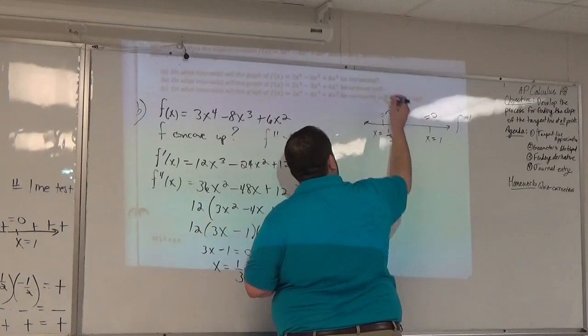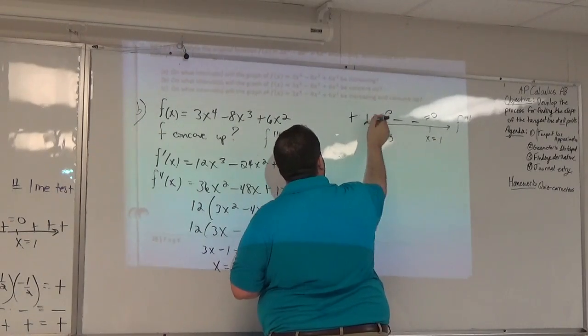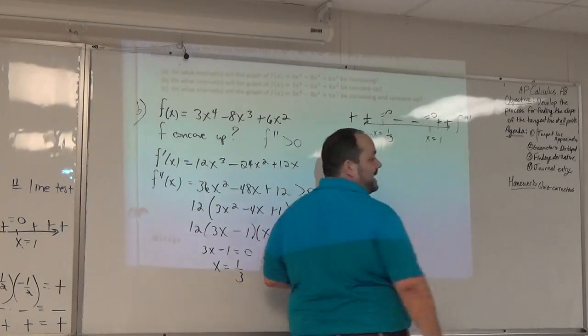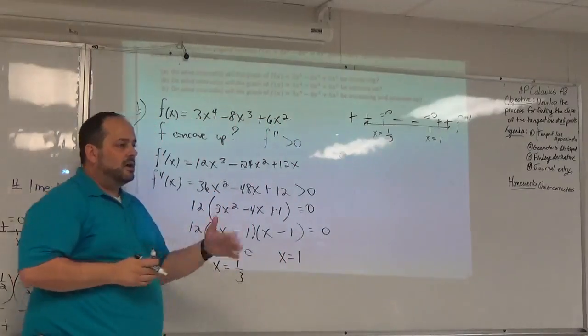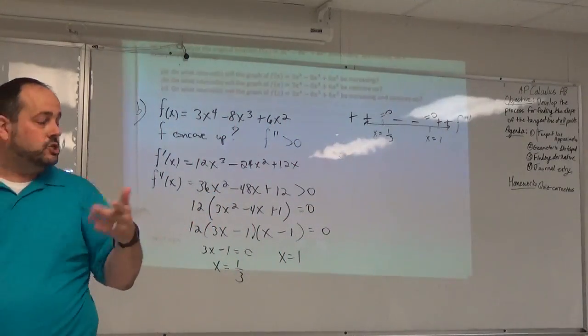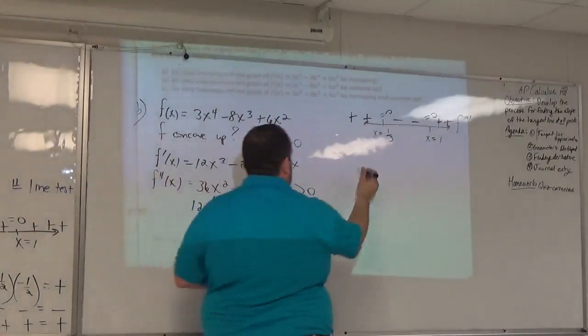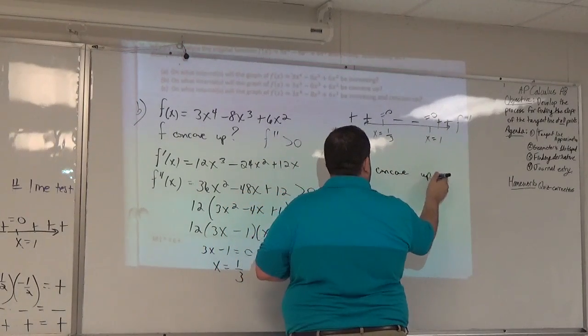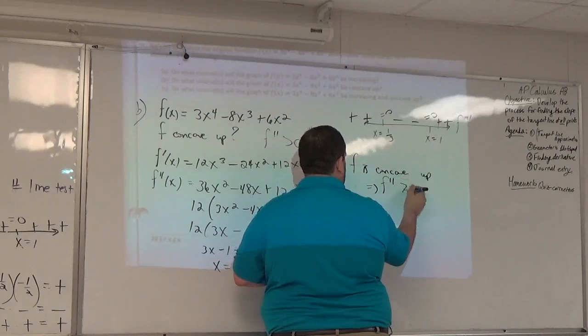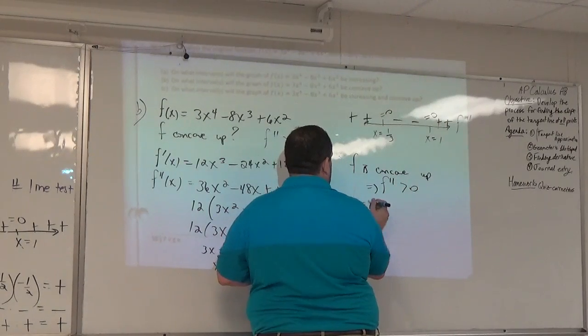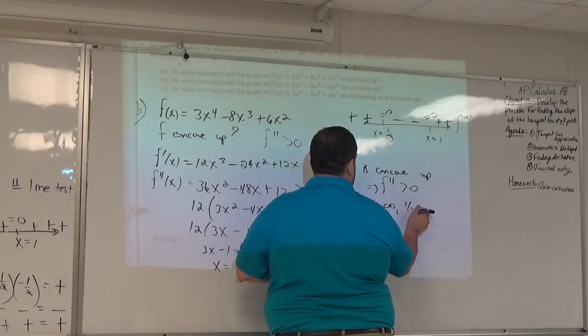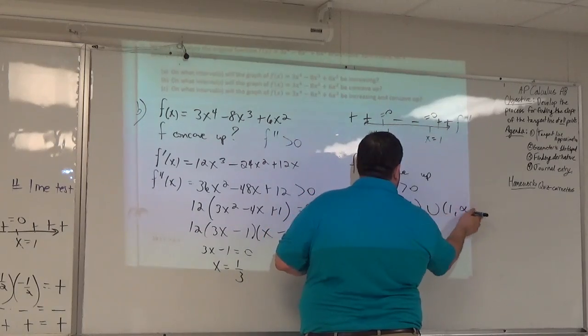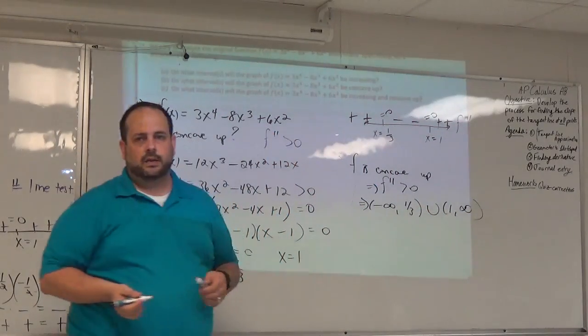So it must be negative between and positive outside there, which you could also get by testing. F is concave up implies F double prime is positive. So we're going to say that's from negative infinity to a third and from 1 to infinity.